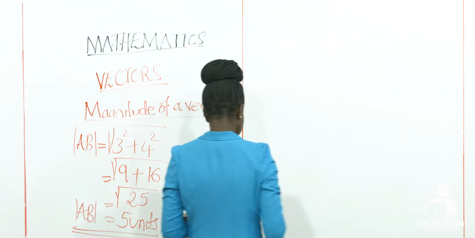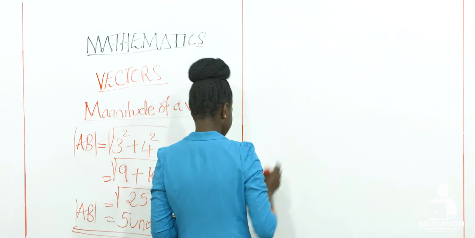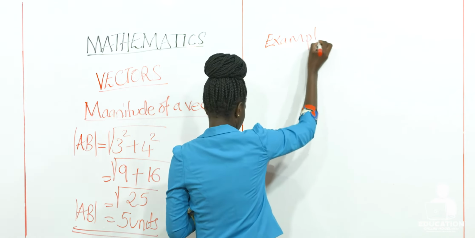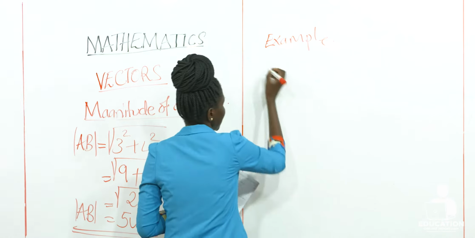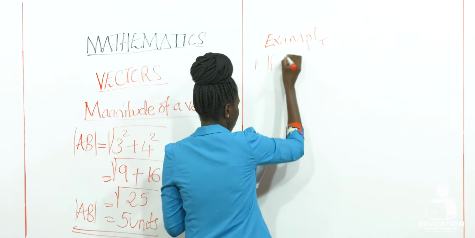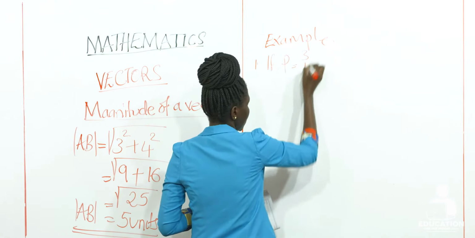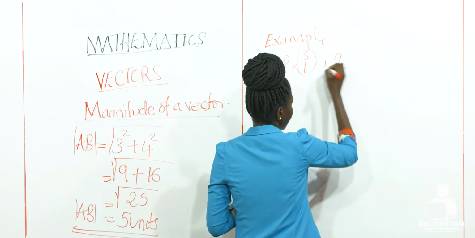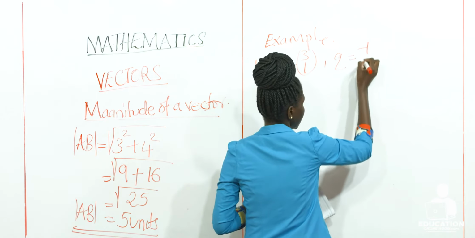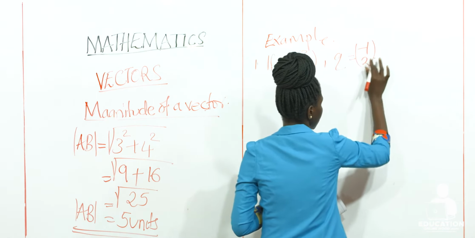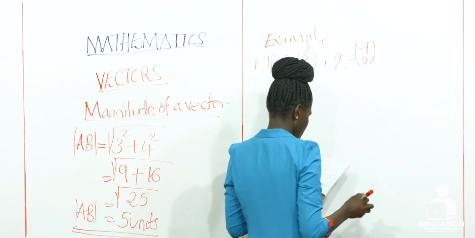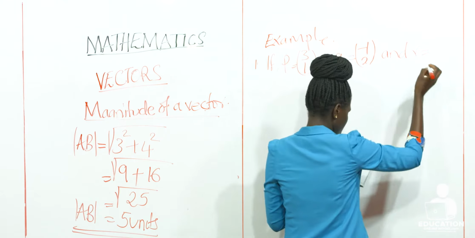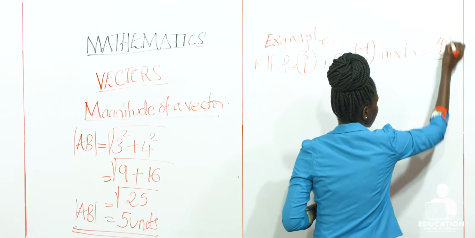Let's have the next example. We are saying that if P is equal to 3, 1, then Q is equal to negative 1, 2, and R is equal to 4, 3.